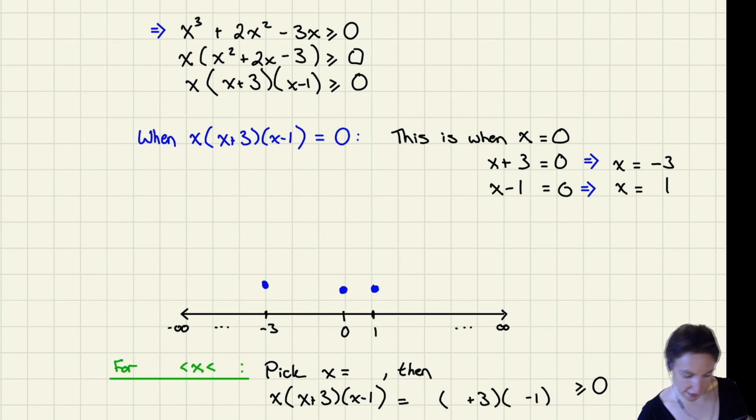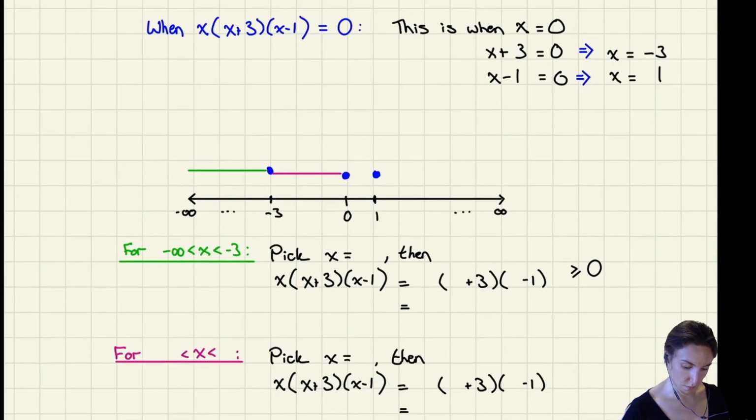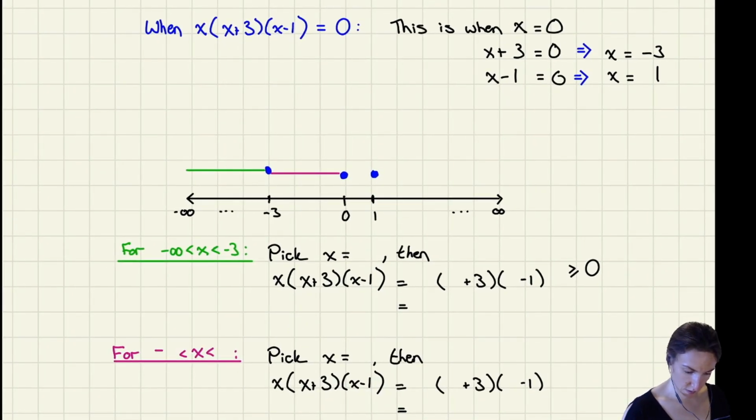So that means that I have a section from -infinity to -3. And then I also have a section from -3 to 0. Okay, that's my section 2. I'm going to write this in here. -3 to 0. I also have a section between 0 and 1.